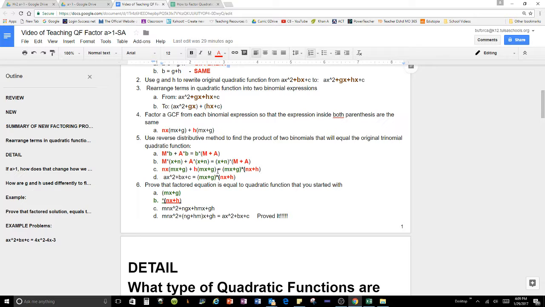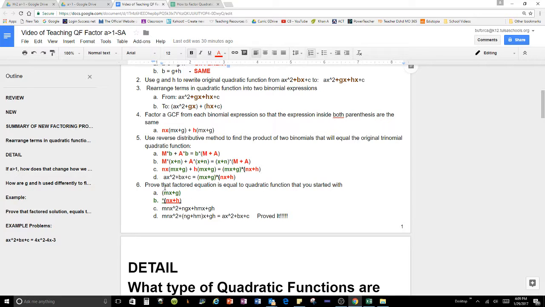And what we can do is pull out mx plus g so that mx plus g is multiplied by nx plus h. Okay? And that's how we're going to arrive at our solution. So again, I know that's a little confusing. You might have been able to follow, but what we're going to do next is use some numbers so that you'll see how this all works.